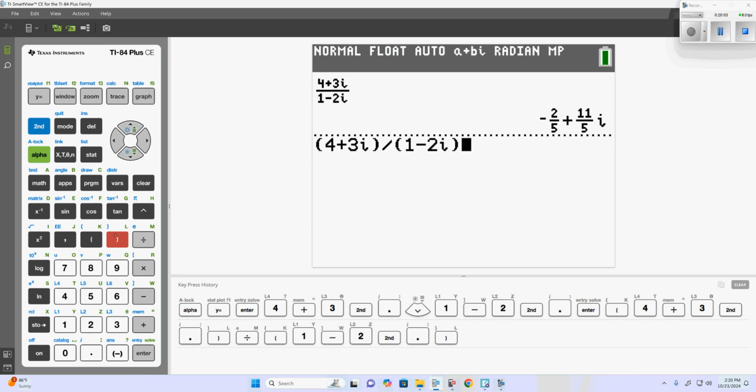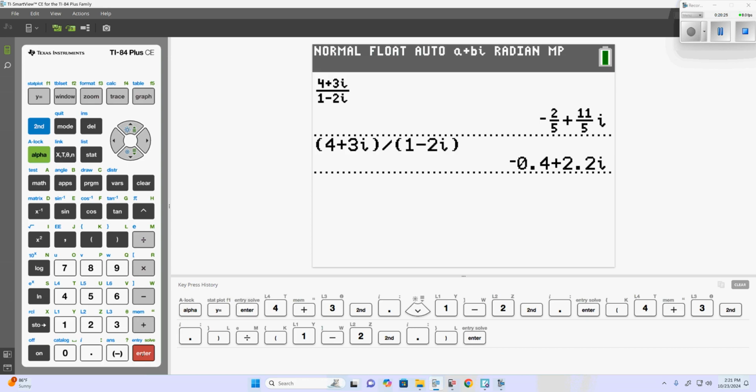So typing this in, yours, we'll do it just as because it is a CE. And again, from one edition to the other, there's very little that changes, especially from the 83 to 84. 89s and Nspires do have a little bit more. And I think y'all got this here, yes?